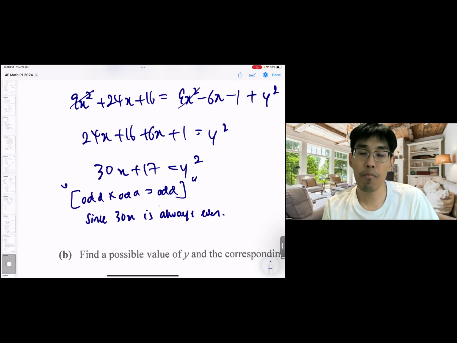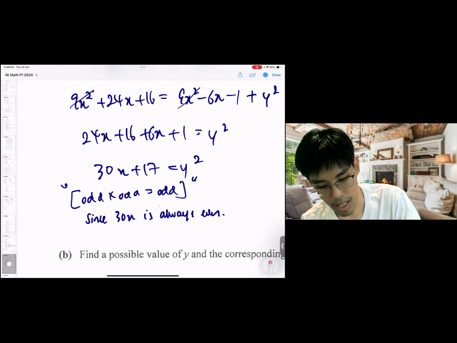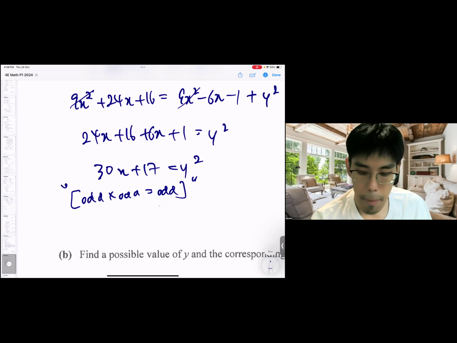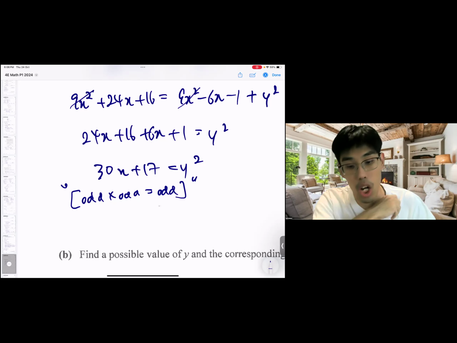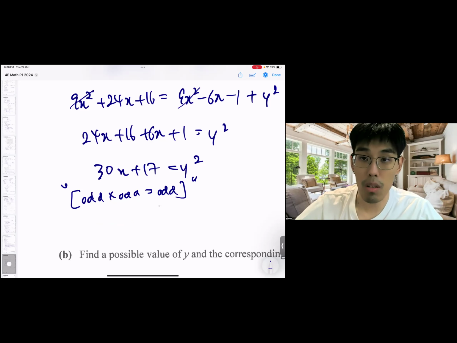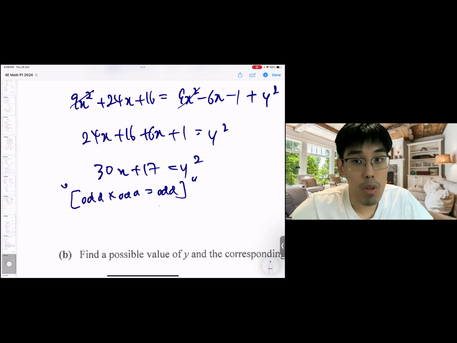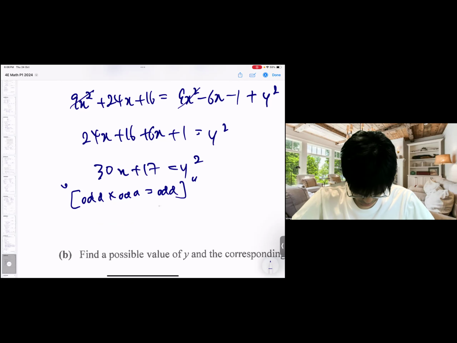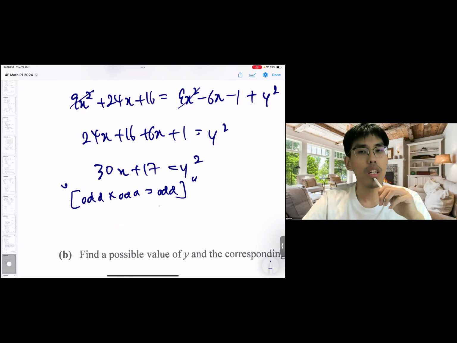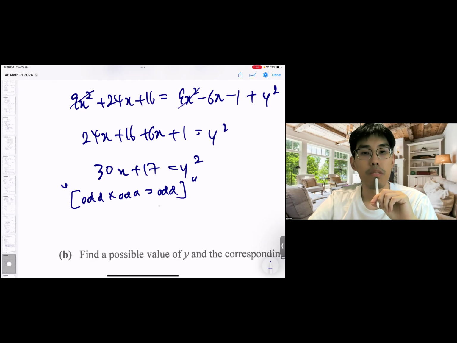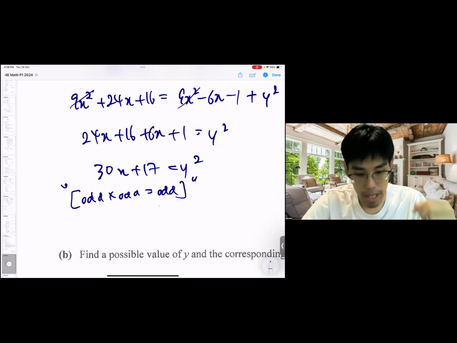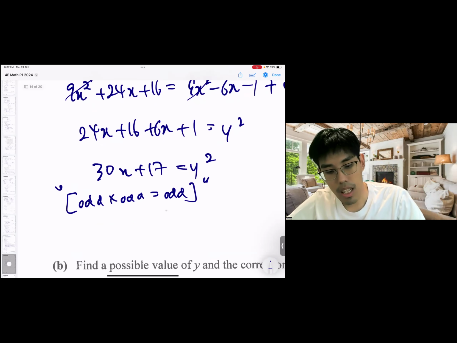Even times odd is still even. Let's see, because even plus odd will be odd, odd plus odd will be even. So we must show that even times even is even, even times odd is still even. Okay, so that means 30x.